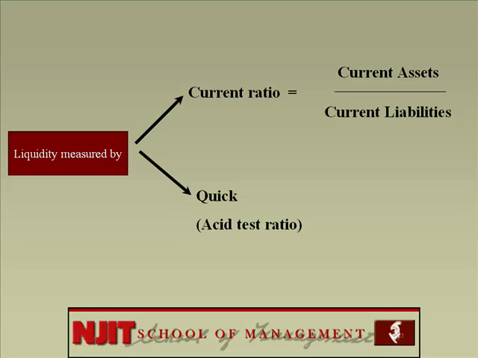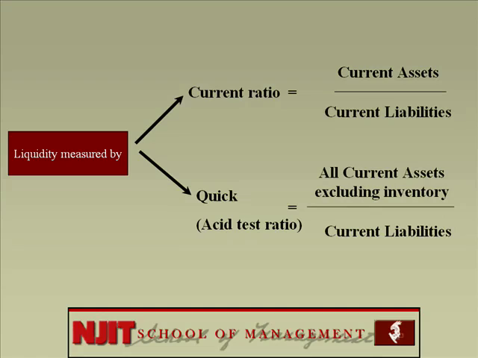So they measure liquidity by another ratio, the quick ratio. The quick ratio is measured as follows: all current assets excluding inventory divided by current liabilities. So to summarize, liquidity is measured by two ratios, the current ratio and the quick ratio.